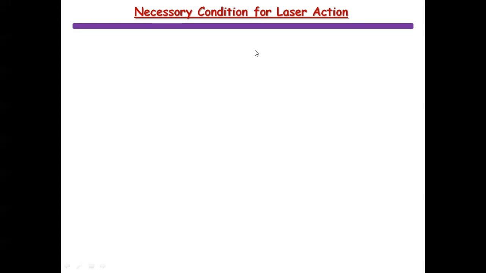And those lasers are nothing but semiconductor lasers. Now, in this class, I will also discuss the construction and working of the semiconductor laser. Before that, I want to share a few slides of notes that I have given to you. I will show them in a moment.